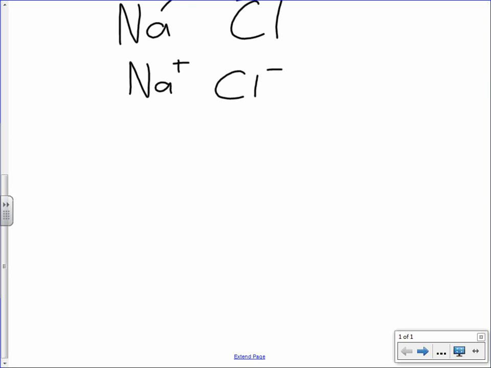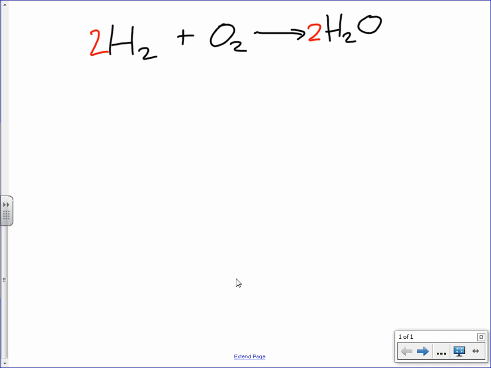So, in a redox reaction, we'll do a pretty simple one first. Let's start with a synthesis. Hydrogen and oxygen can react to make water. Okay? Now, what we're going to do now is talk about oxidation state.